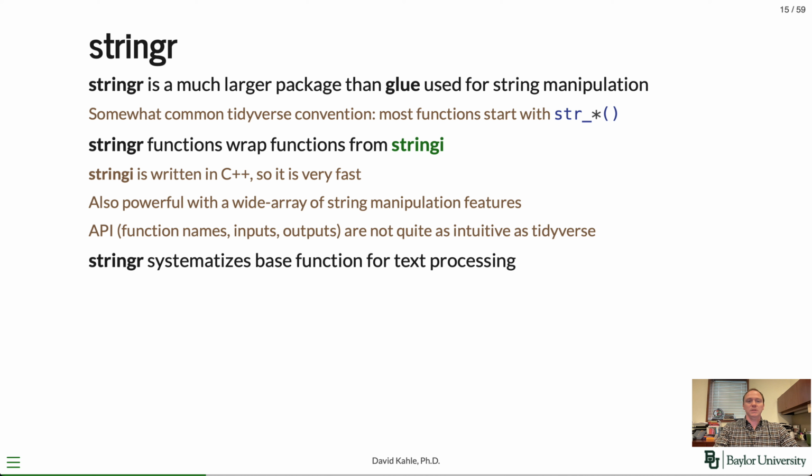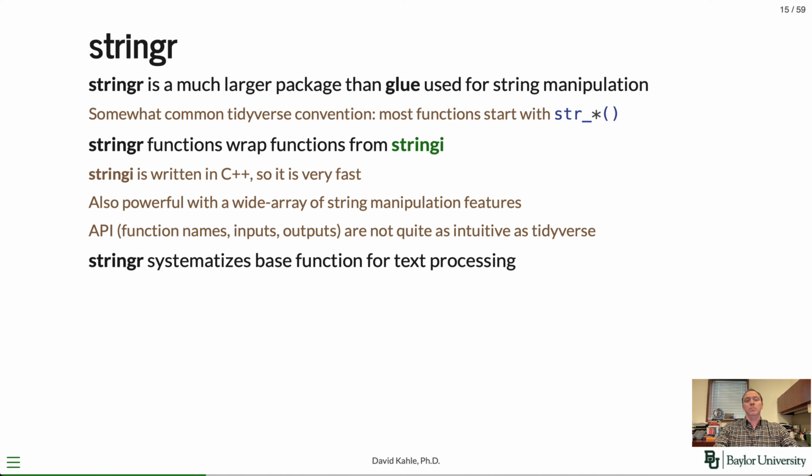stringr is going to systematize these base functions or the stringi functions. So as I said, base functions, you're going to see that their names are kind of all over the place. A lot of their names are actually coming from the analogous Linux command line tool that would do that task. So for example, we met grep when we were talking about the Linux command line, which is going to find lines that have certain string matches.